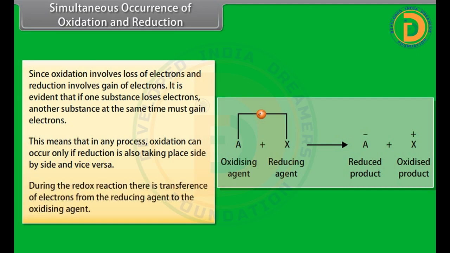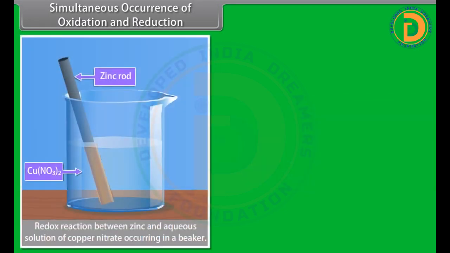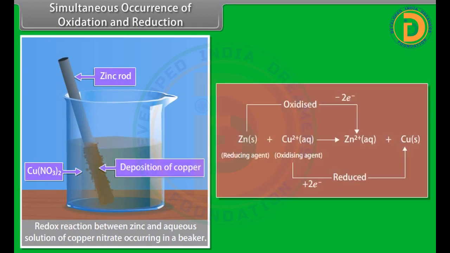During the redox reaction, there is transference of electrons from the reducing agent to the oxidizing agent. In this reaction, zinc atoms lose electrons and are oxidized to zinc ions, whereas cupric ions gain electrons and are reduced to copper atoms. Here, cupric ions act as oxidizing agent and zinc atoms act as reducing agent.